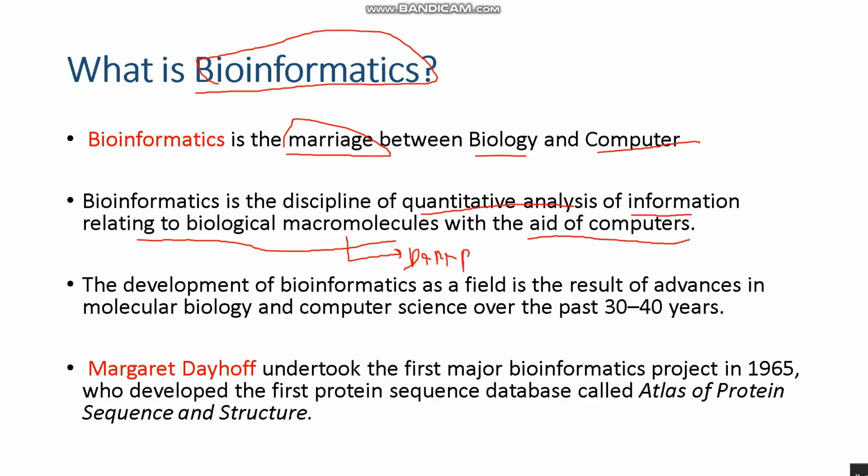The development of bioinformatics as a field is the result of advances in molecular biology and computer science. When there were different advances in computer science over the past 30 to 40 years, then we had to develop bioinformatics. Margaret Dayhoff, the pioneer of bioinformatics, undertook the first major bioinformatics project in 1965.